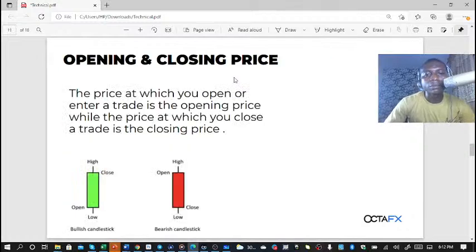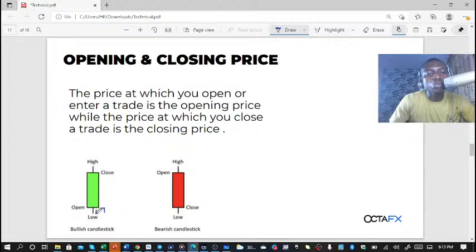So I've explained the opening price and the closing price. The level at which price closes is the closing price. Here, price opened at this level, went down a bit, but was pushed up.